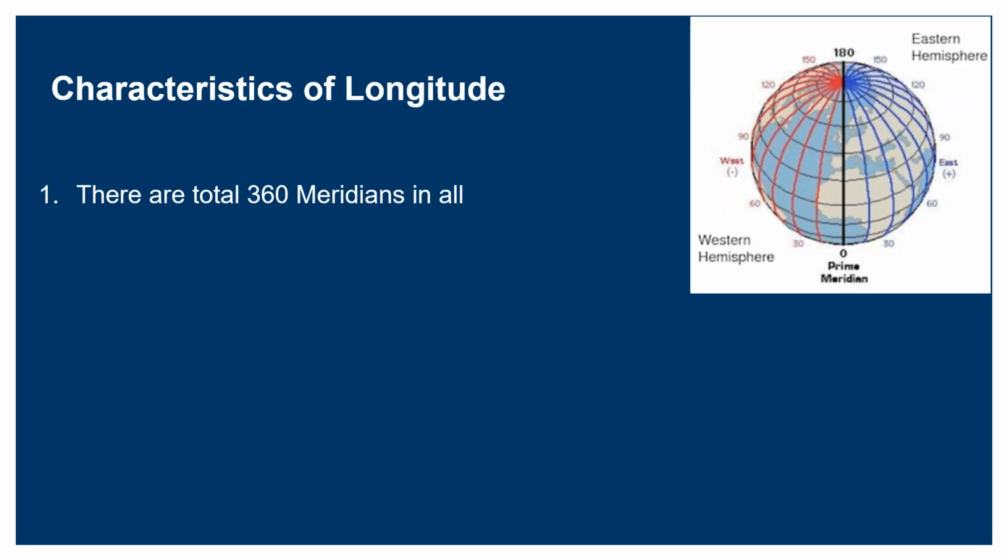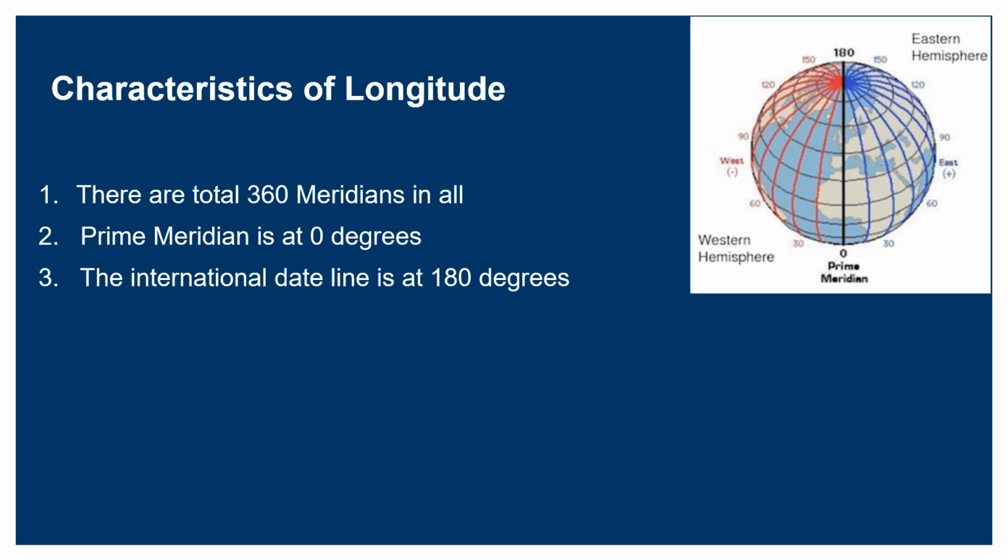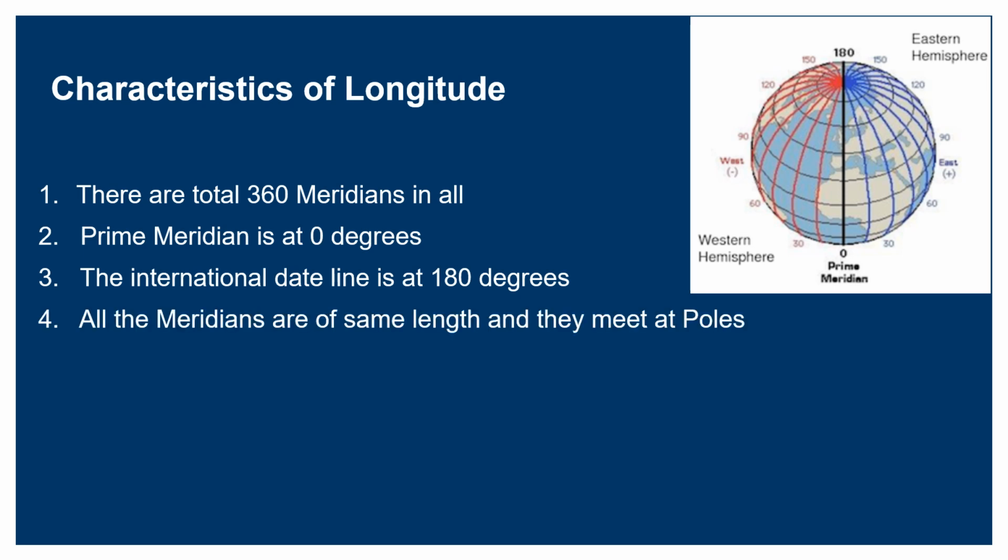Now let us understand the characteristics of longitudes. There are a total of 360 meridians in all. The prime meridian is at 0 degrees. The international date line is at 180 degrees. All the meridians are of the same length and they meet at the poles.